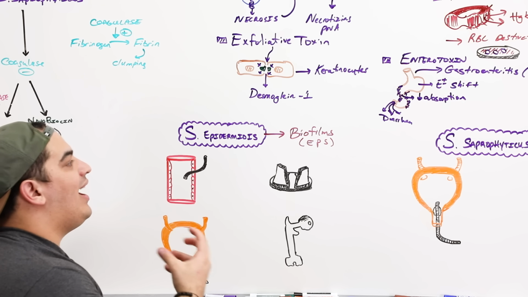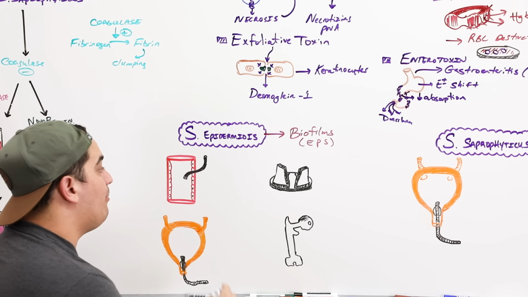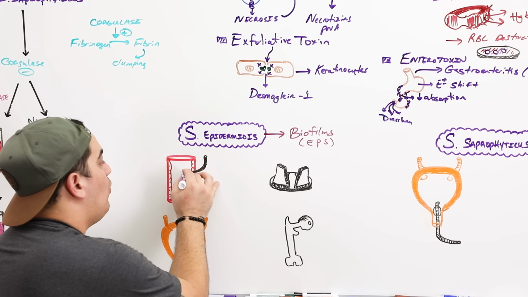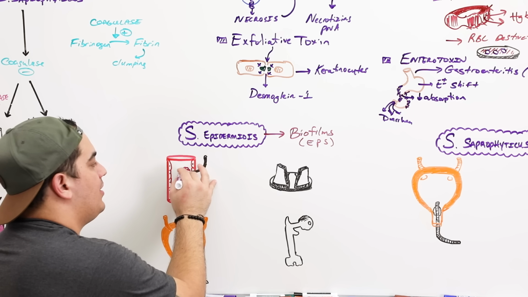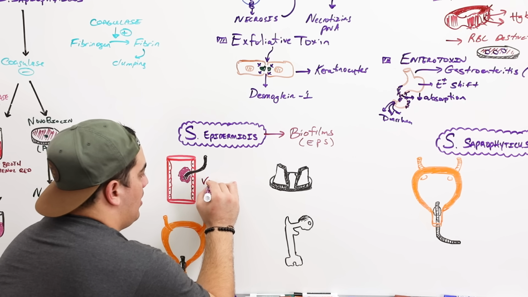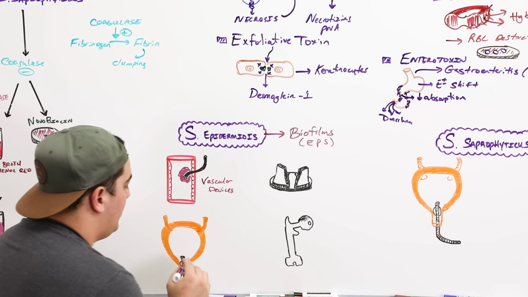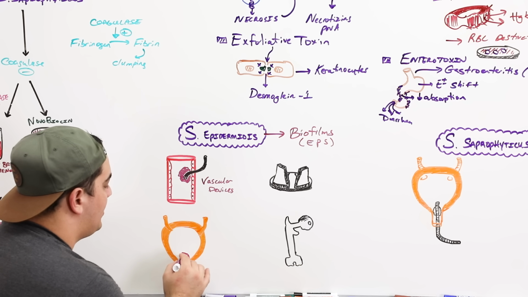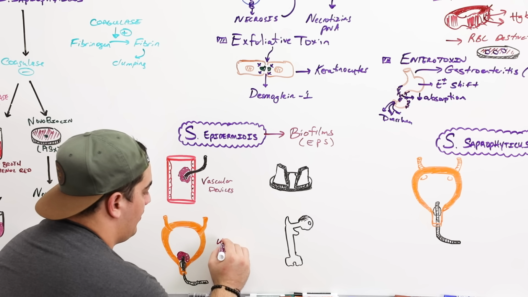Now, what kind of things would it love to form biofilms on? This is a very important thing. It loves to form biofilms on intravascular catheters. So you would see this forming a biofilm on vascular catheters, so vascular devices of some kind. You would see this forming a really nice biofilm on urinary catheters.